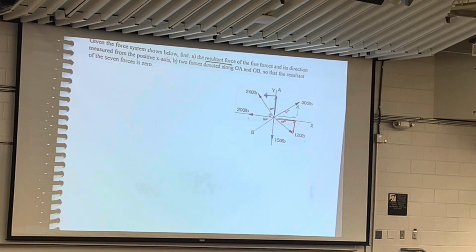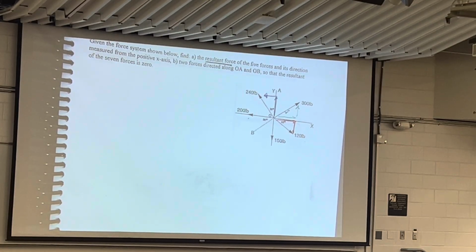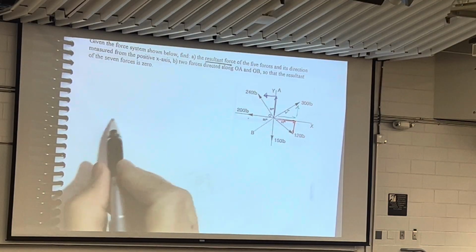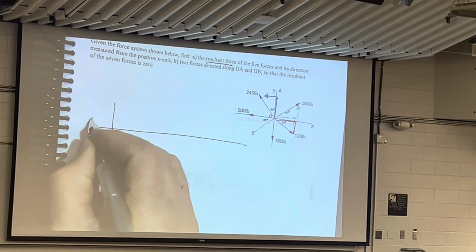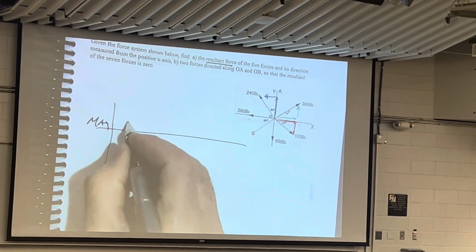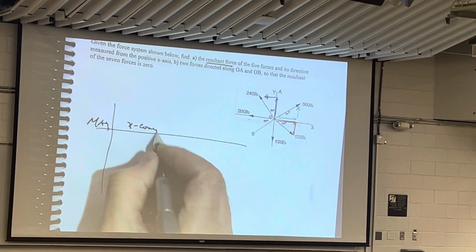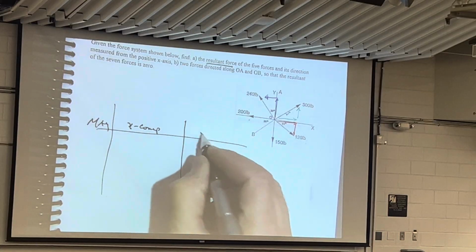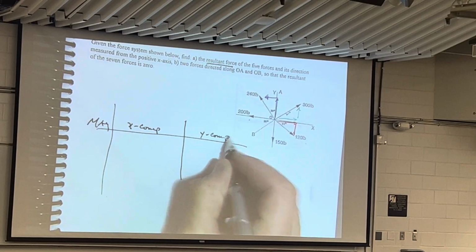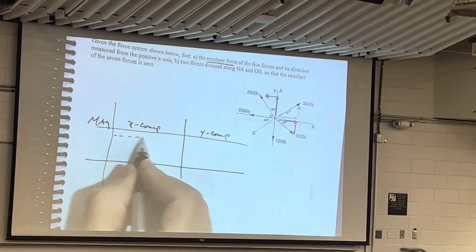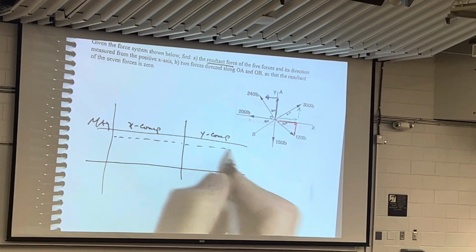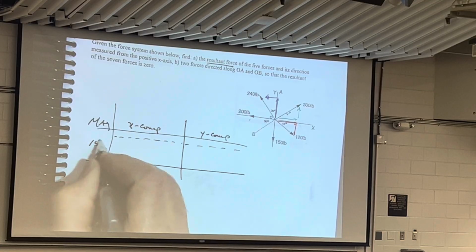Alright. So, solving this, there's quite a few of them, so I'm going to generate a table. Here's my table. I'm going to write magnitude, x component, and y component. And I'm going to make this big because I want to write something here. This will be the 150.